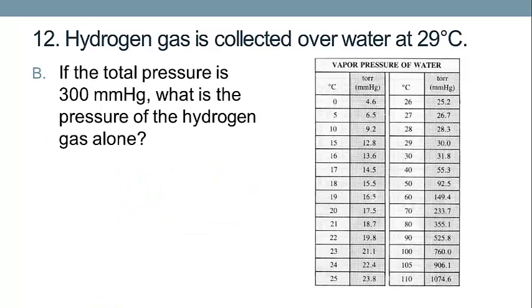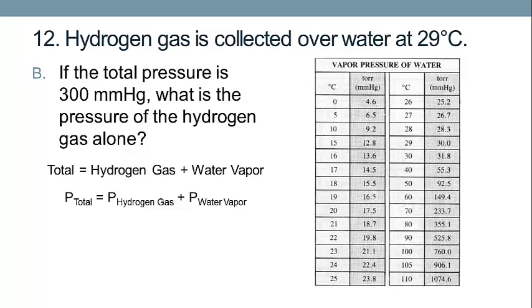If the total pressure is 300 millimeters of mercury, what is the pressure of the hydrogen gas alone? We're going to need to use our vapor pressure of water table. The total pressure is going to be the pressure of the hydrogen gas plus the pressure of the water vapor. My total pressure is 300 millimeters of mercury. We are at 29 degrees Celsius.